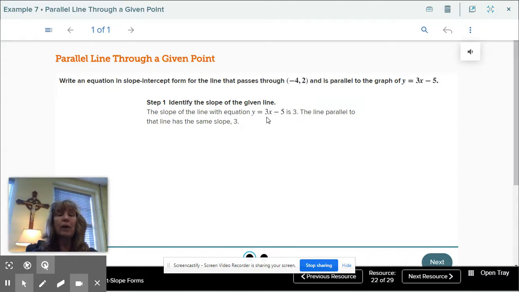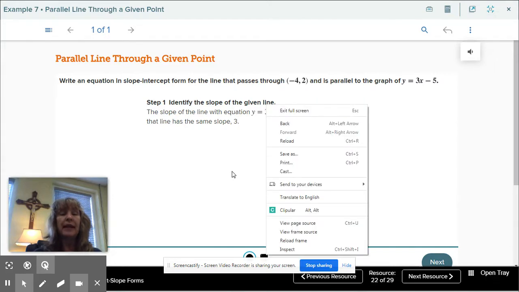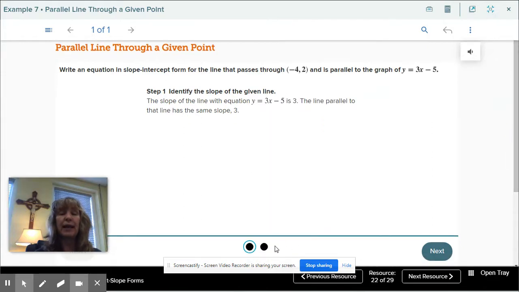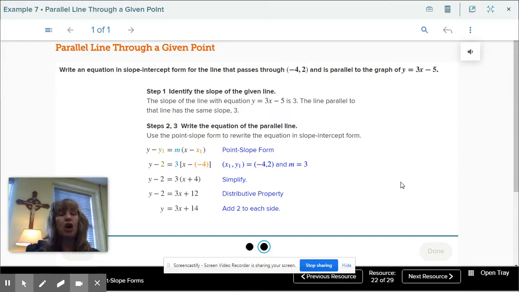The parallel equation for this point is still going to have a 3 with the x, because the slope doesn't change. But then you have to determine what your new equation is with these given points. All you're going to do is plug and play like you did yesterday.